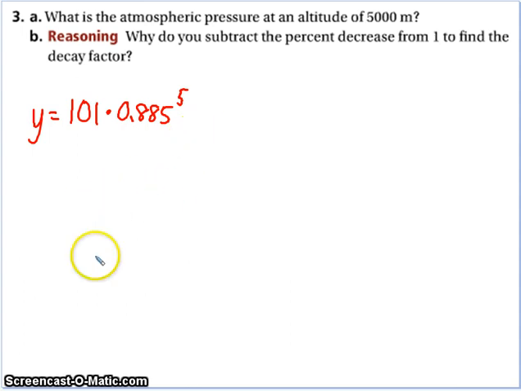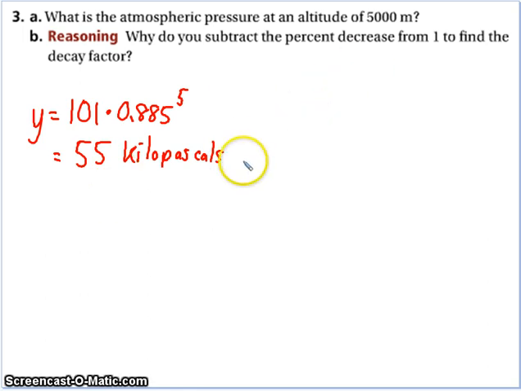So that's going to give us a slightly different answer. All right, so after doing this, 0.885 to the power of 5 and then multiplying it by 101, we should end up with about 55 kilopascals.